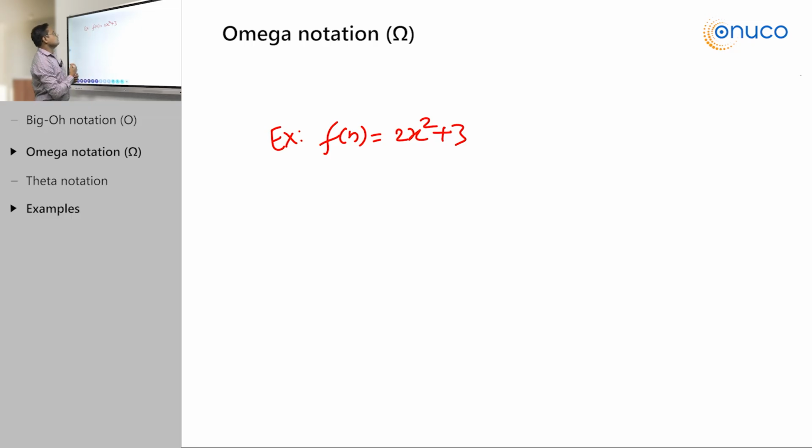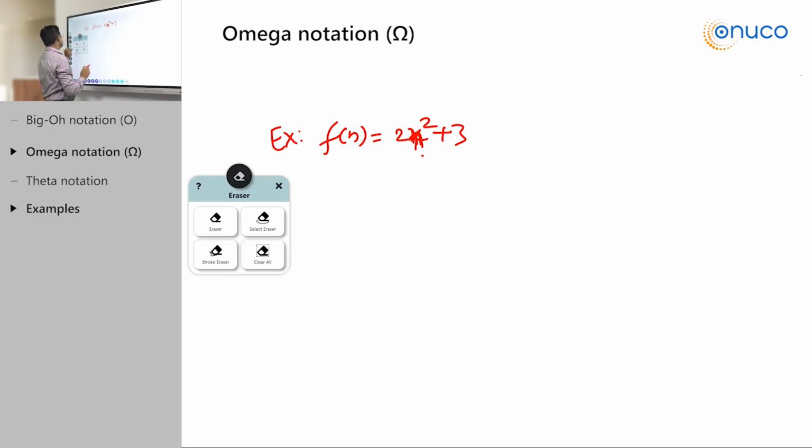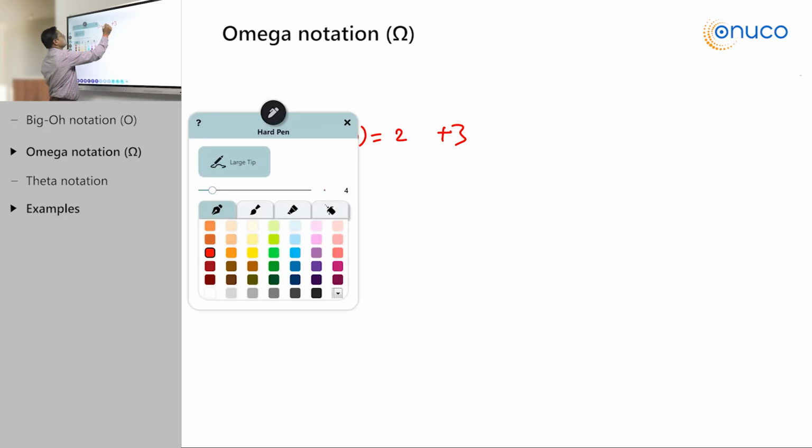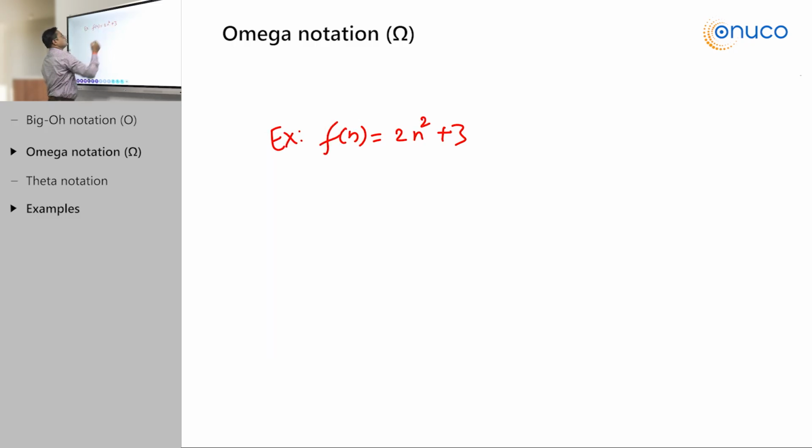This is f of n. Because you are talking about a function of n, it is 2n square plus 3. We can take any example, but for this we have taken 2n square plus 3.